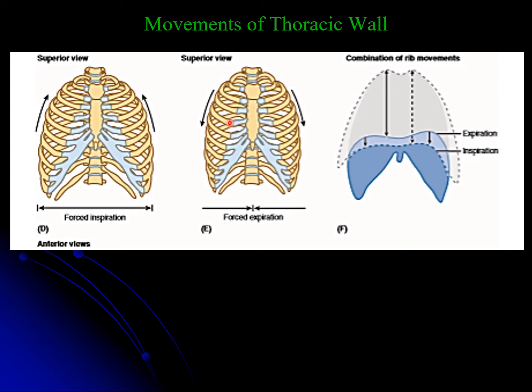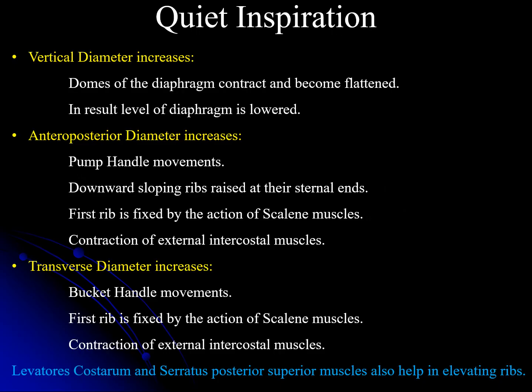So we discussed that the anteroposterior diameter is increased by the pump handle, and the transverse diameter increases and decreases by the bucket handle movements, and the vertical diameter is increased or decreased by the contraction or relaxation of the diaphragm. So we divide our respiration into four parts: quiet or rest, in the resting stage, inspiration when we don't need any exertion or forceful breathing.